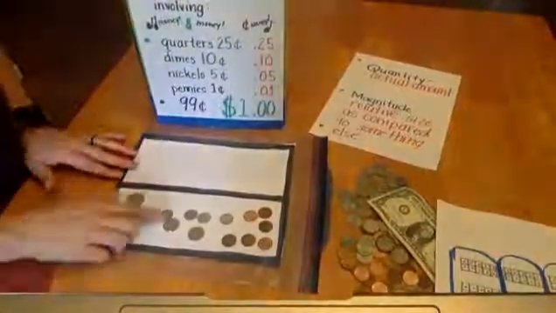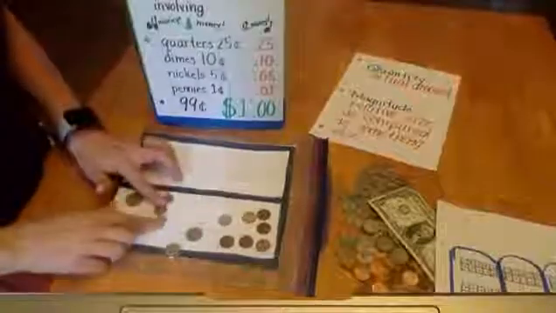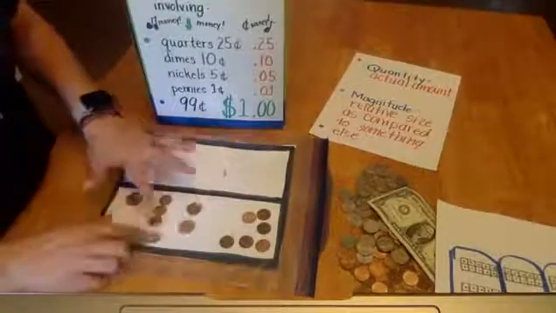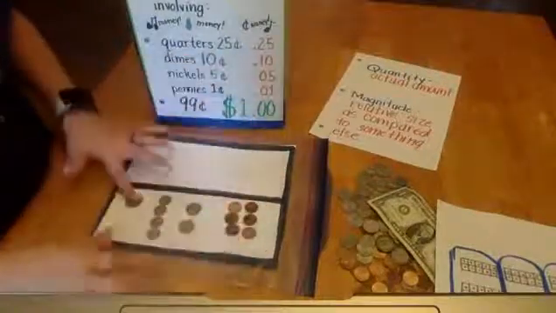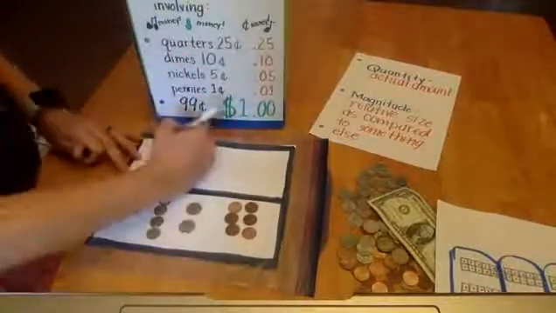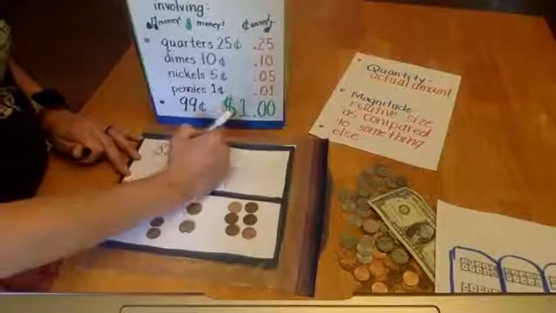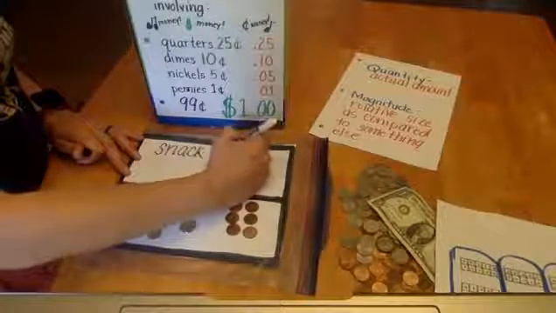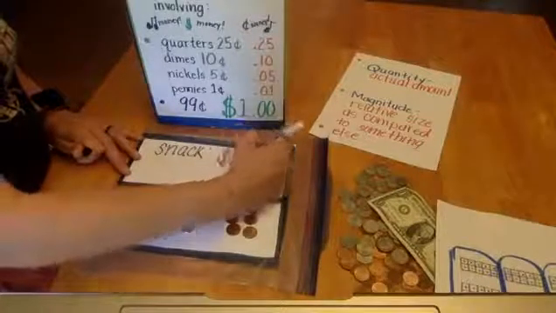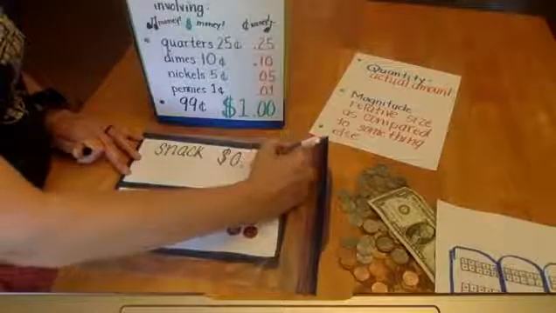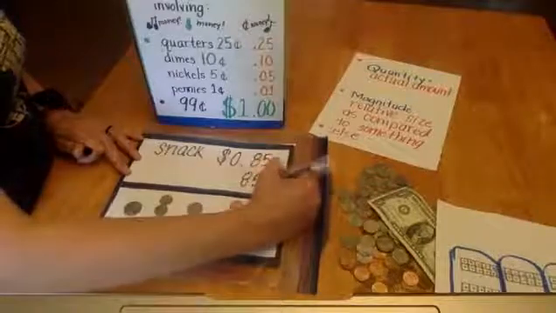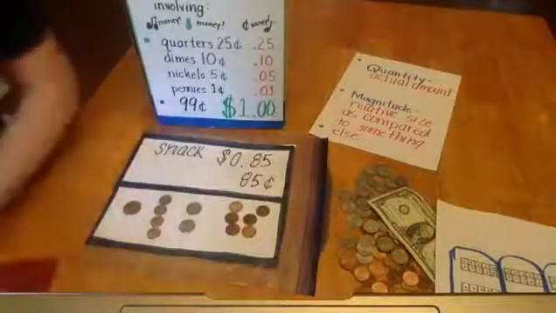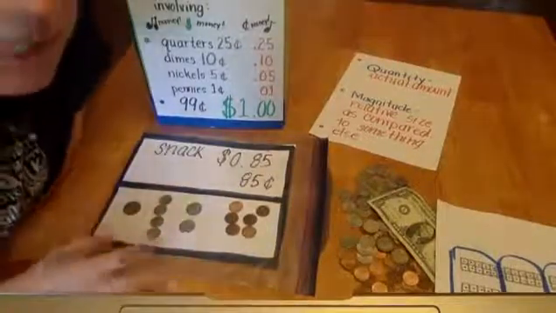She has 1 quarter, 4 dimes, 2 nickels, and 6 pennies. So first of all, she's wanting to buy a snack that costs 85 cents. Or we could write it this way. Okay, 85 cents. So can we count how much money she has?